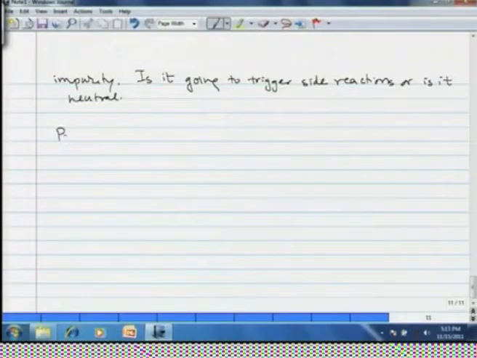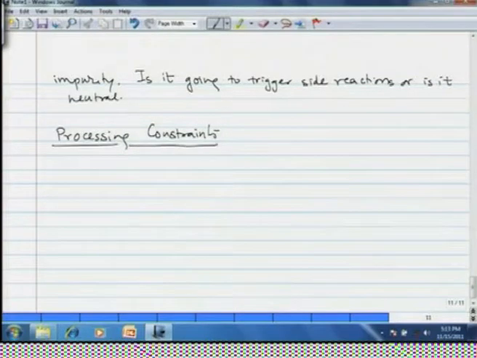That is all. Then is the factor of processing constraints. Now, processing constraints are mainly due to safety or thermal sensitivity of the material and so on and so forth.